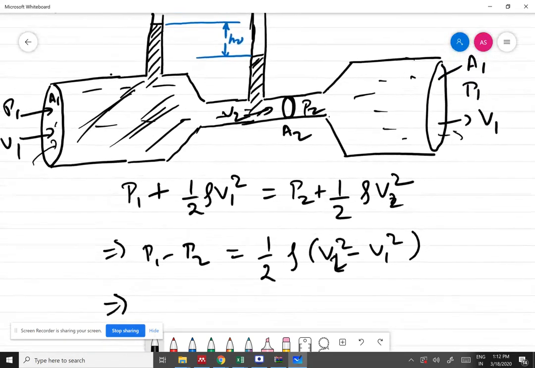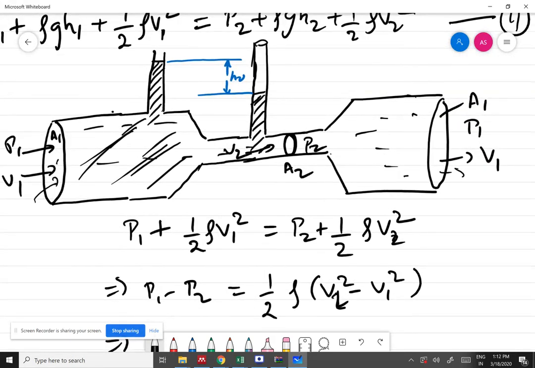Now this P1 minus P2, if I look at this hv here, rho g hv is basically the pressure difference between these two heights.